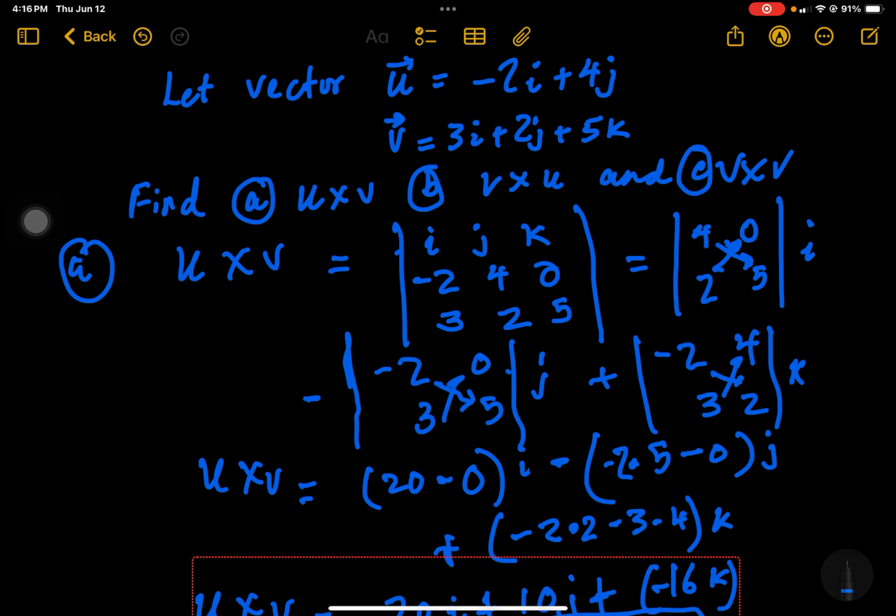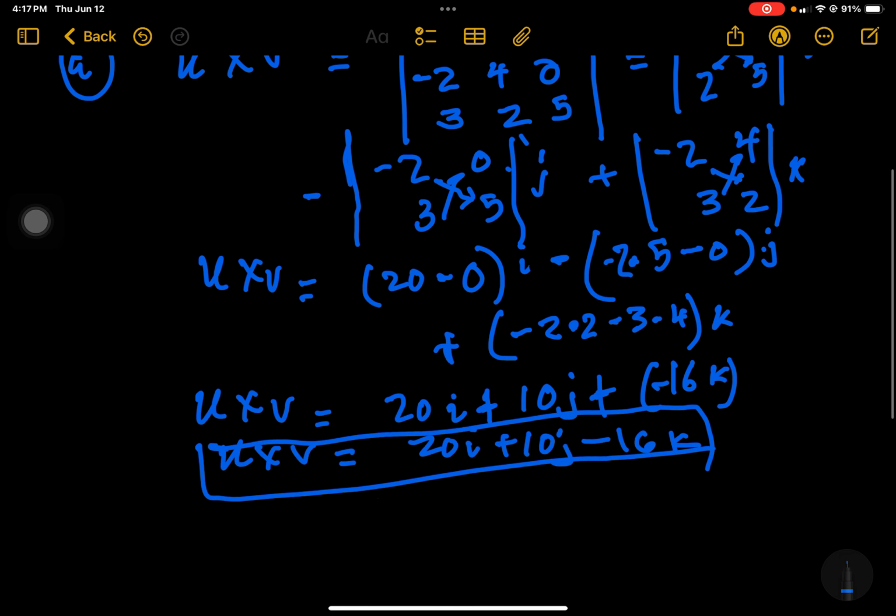So you're left with 4, 0 and 2, 5. Next is negative, first row and second column gone, so you're left with minus 2, 3 and 0, 5. And for the third one, first row and third column gone, so minus 2, 4 and 3, 2. Then you do the cross multiplication and you get your answer.